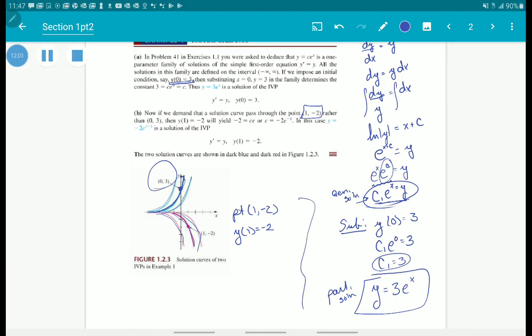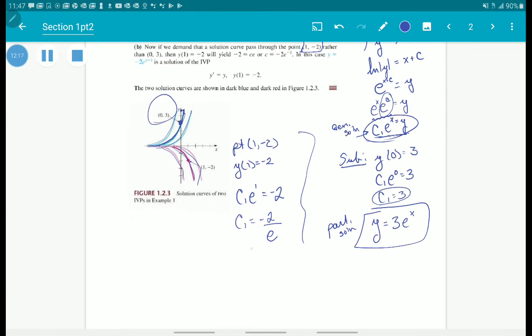So for that particular solution, we would have c1 e to the first is equal to -2. So c1 would be equal to -2 over e to the first, or e. And we could write that as -2 e to the negative 1.